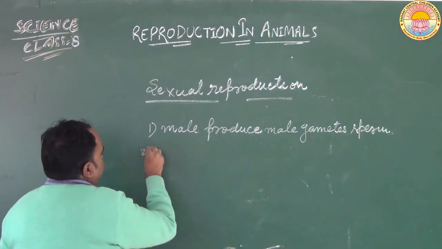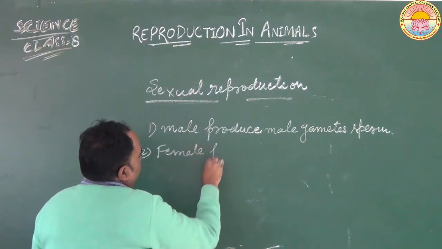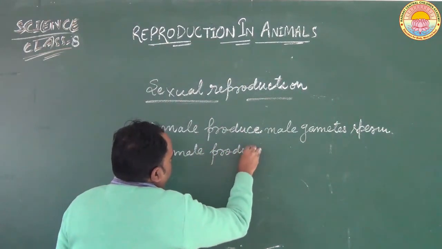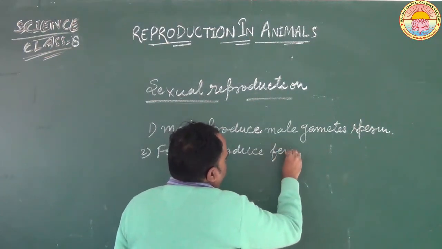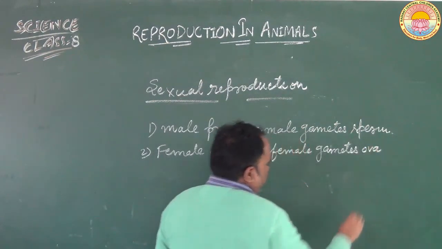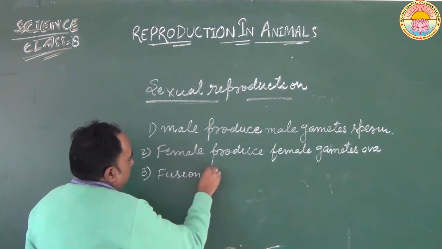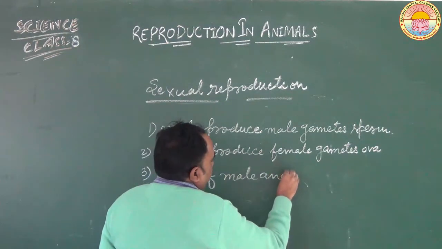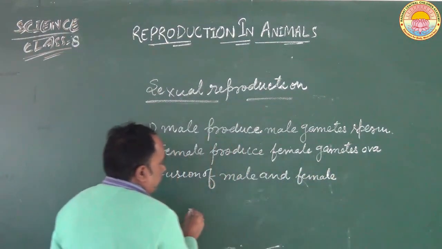Second, the female produces female gametes, ova. Third is the fusion of male and female gametes.